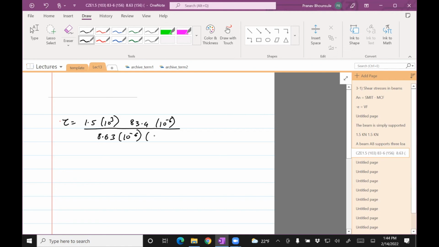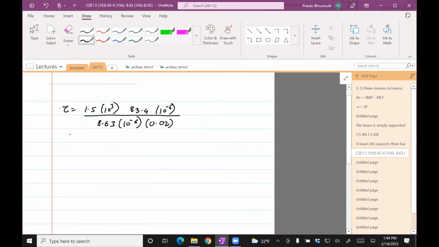And then B was 20 mm, which is 0.02 meters. So subbing in those values, you get tau equals 725 kPa.